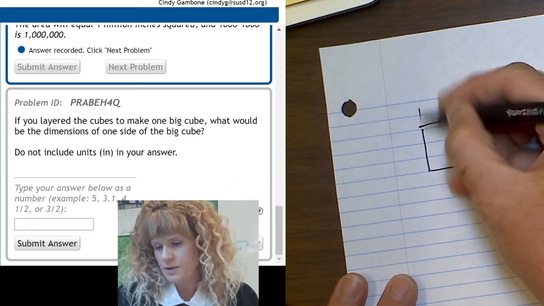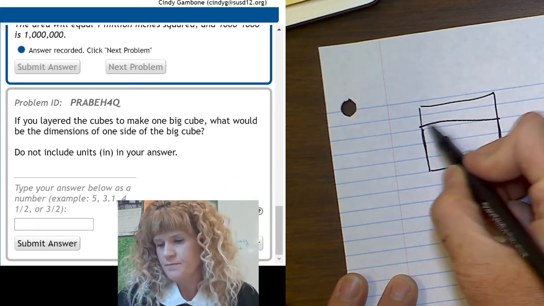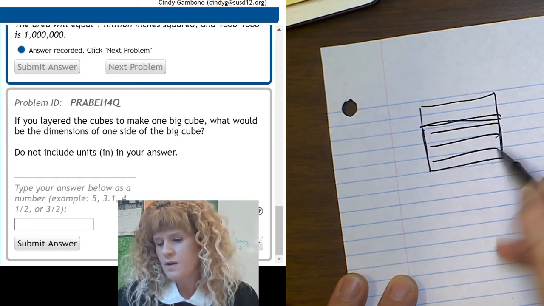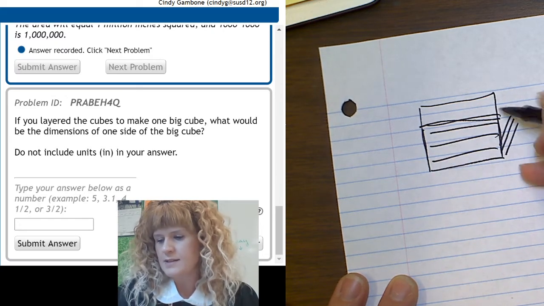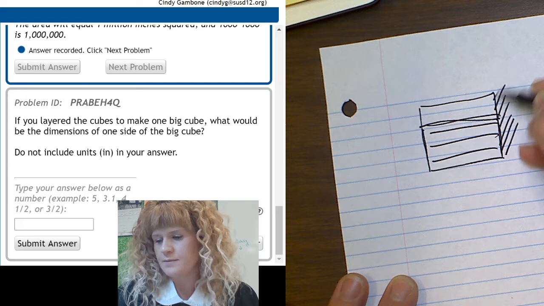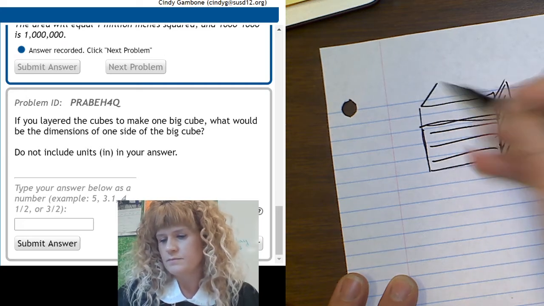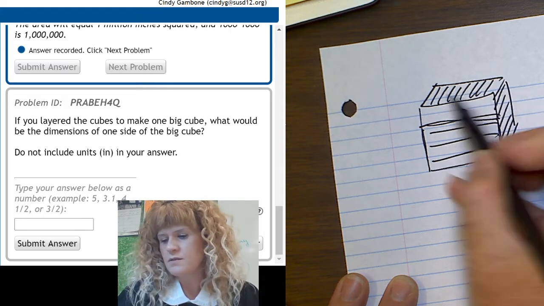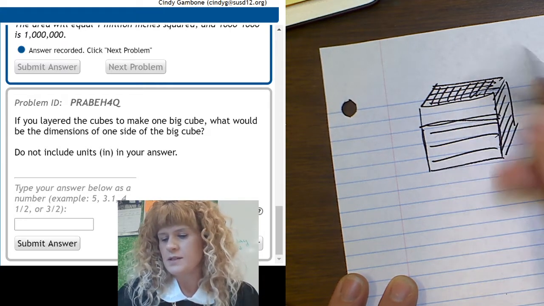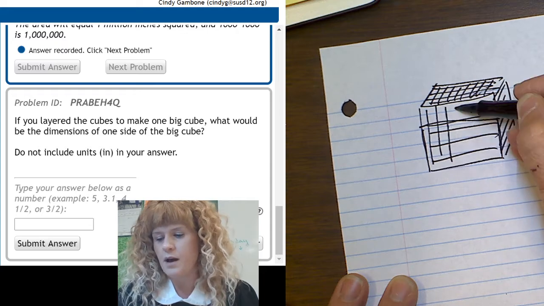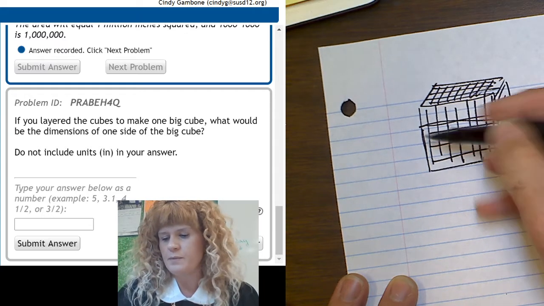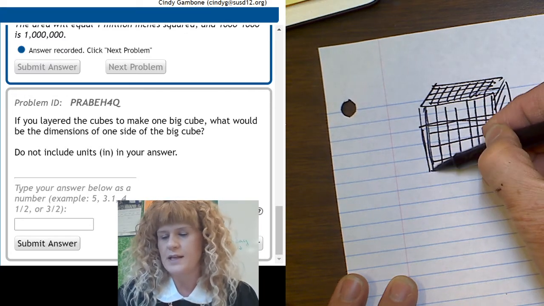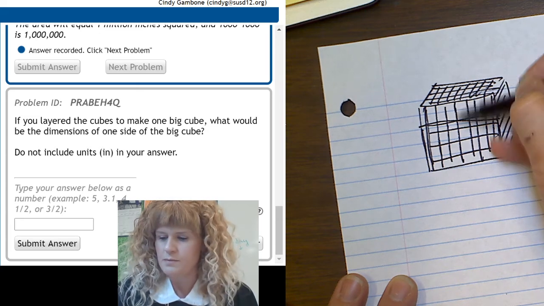So I'm going to draw what that looks like. We have stacks and stacks of these little dice, all arranged. So imagine this is like 1 million little blocks. You played with blocks when you were a kid. You know how they fit together and you could stack them into a cube.